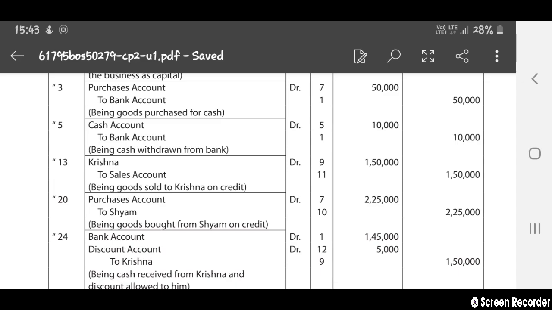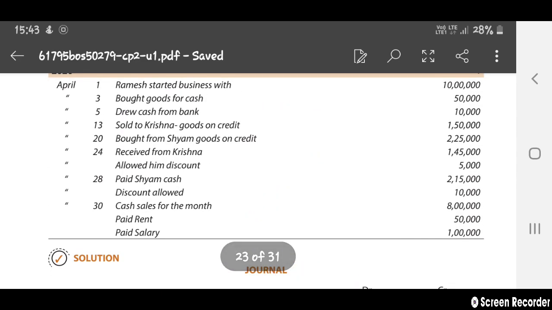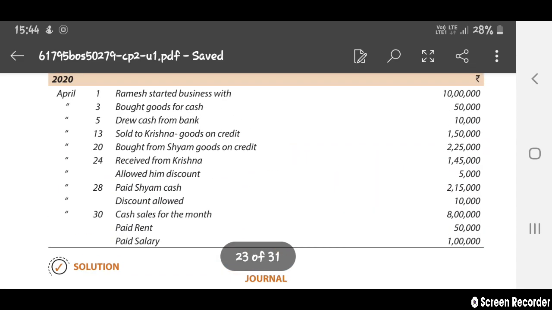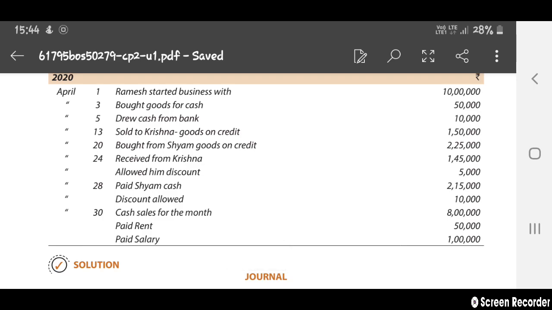Next, on April 20th, he bought goods from Shyam on credit. So purchase account to Shyam: purchase account is debited 2,25,000 for buying the goods, and Shyam is credited 2,25,000. Next, on April 24th, we received from Krishna and allowed him discount.